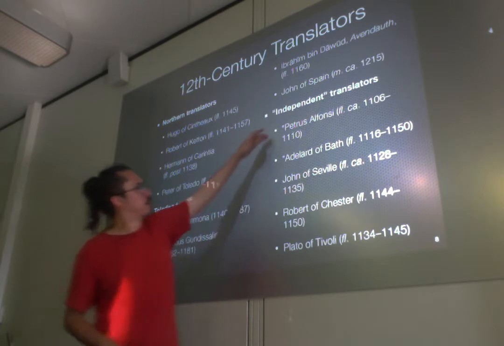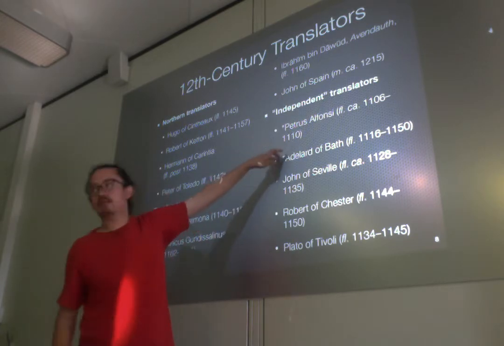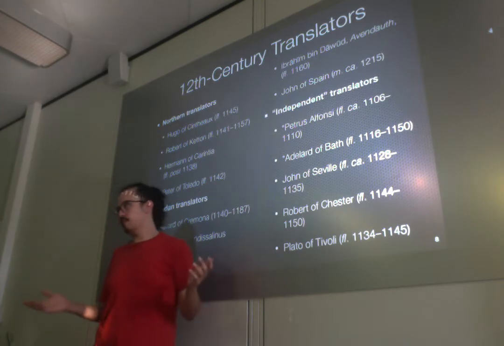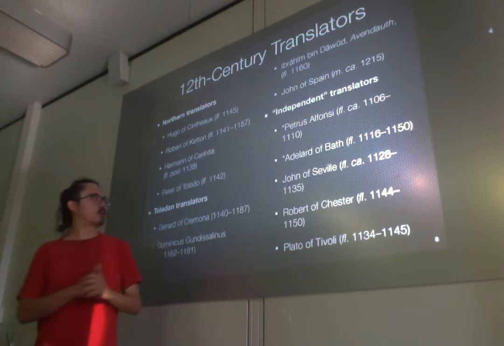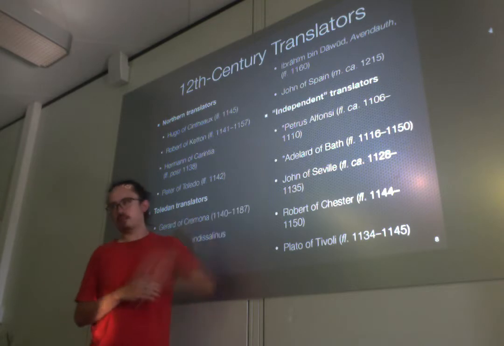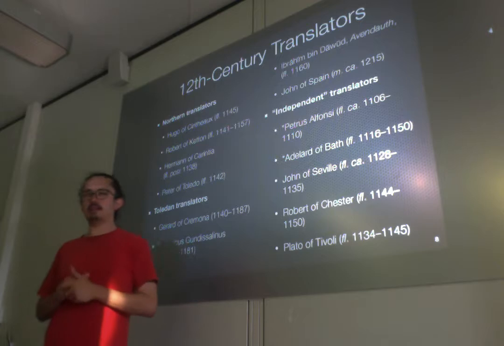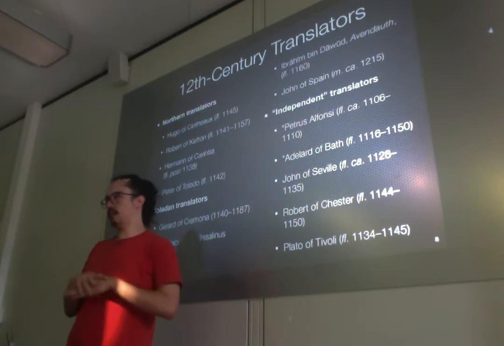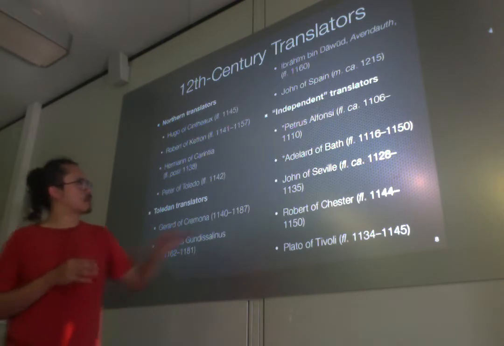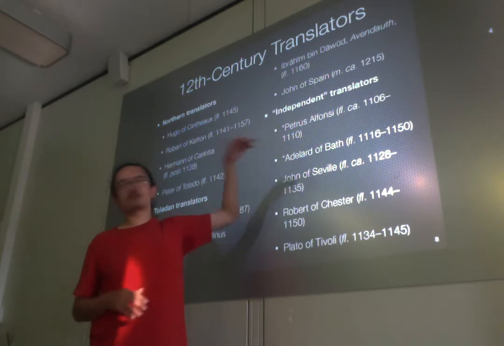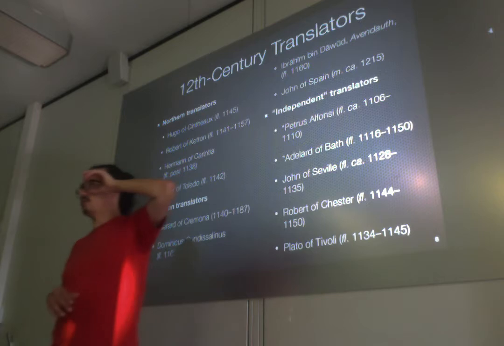I put Petrus Alfonsi and Adelard of Bath with this group because they didn't translate in the Iberian Peninsula. At least Adelard of Bath had his main activity in England, and he seems to have been a disciple of Petrus Alfonsi.